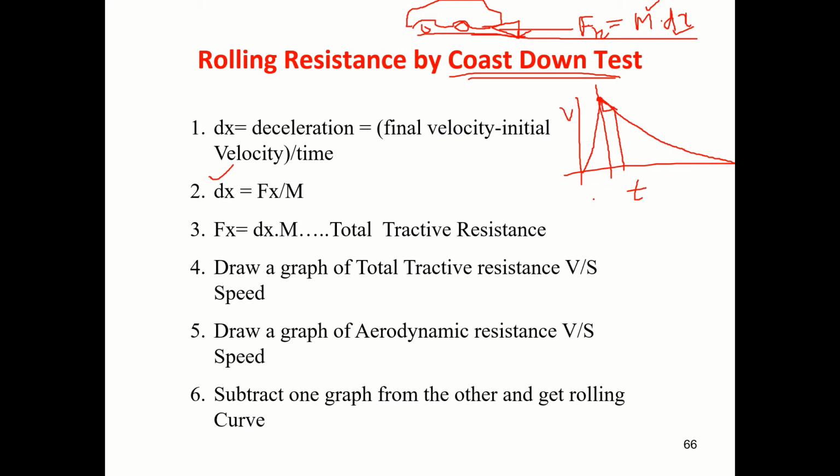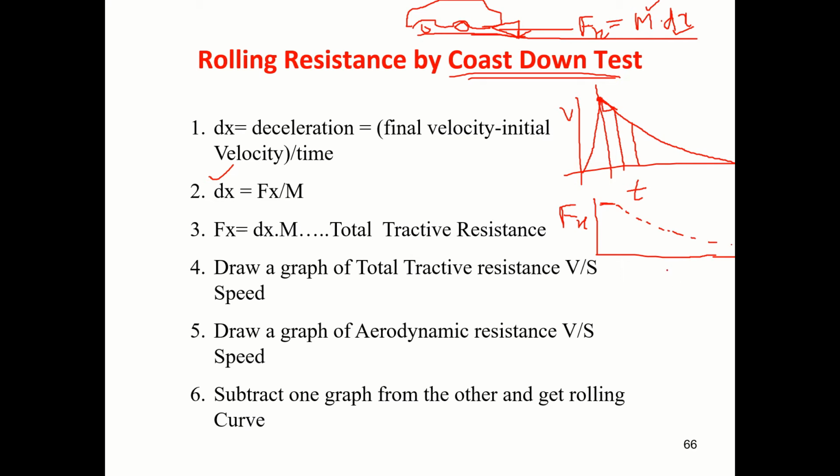Okay. So let us plot that force versus time. Correct? That resistance force, let us mark. Okay, this is the resistance force that has acted. Next time step you take. Again measure the deceleration. Again measure the force. Probably you can go on joining all these points. And finally it will become 0. This is total Fx versus vehicle speed.